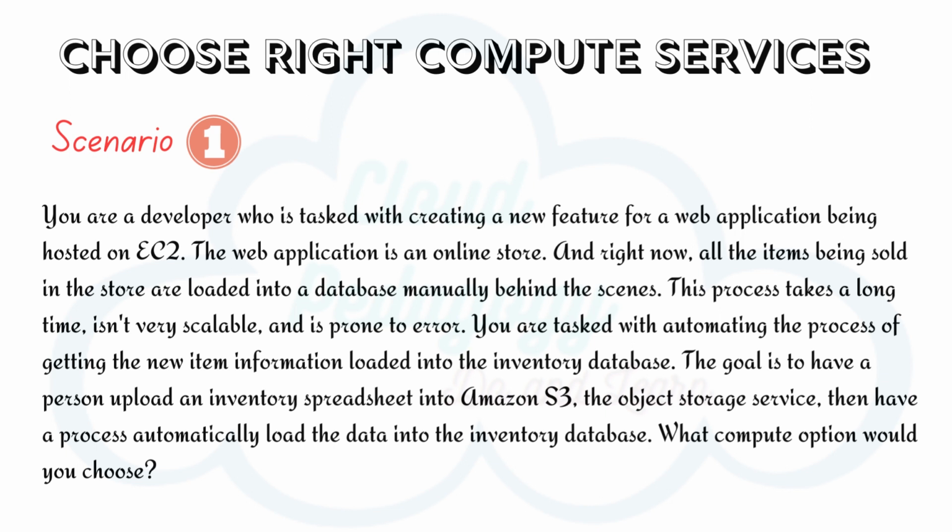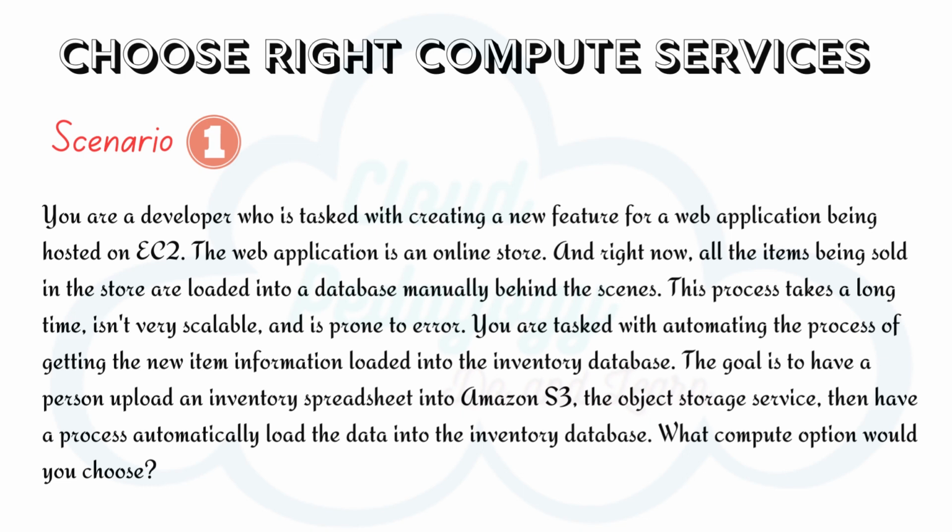By manually, I mean there is a person who adds a new row to a database for each new item to be sold in the store. This process takes a long time, it is not very scalable, and it is prone to errors.